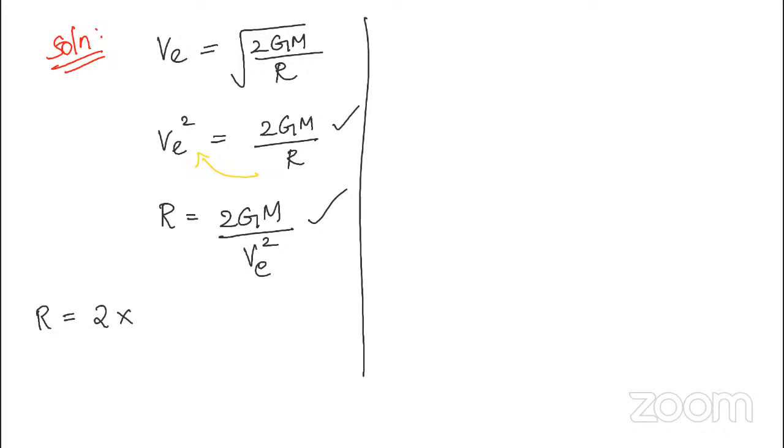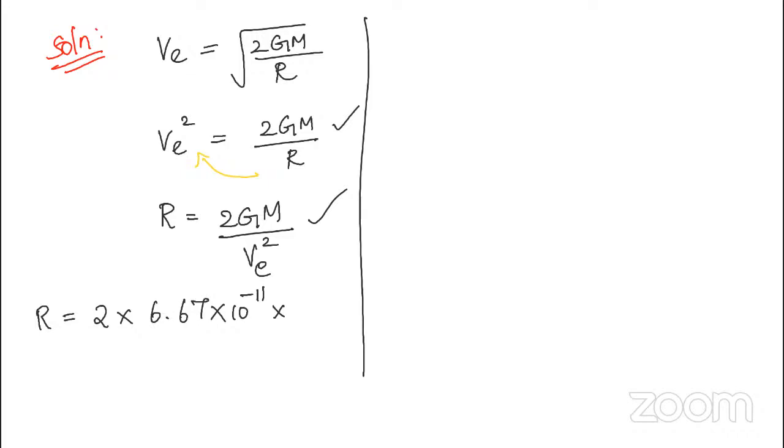See, it is not a small g, it is capital G. Okay, 6.67 into 10 power minus 11, into what is the mass of the Earth?